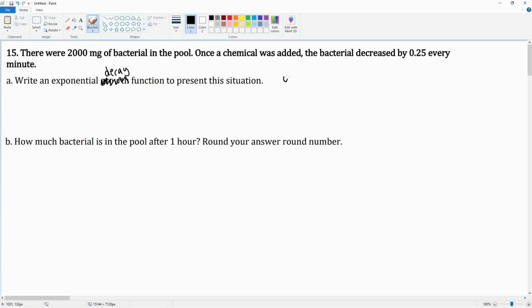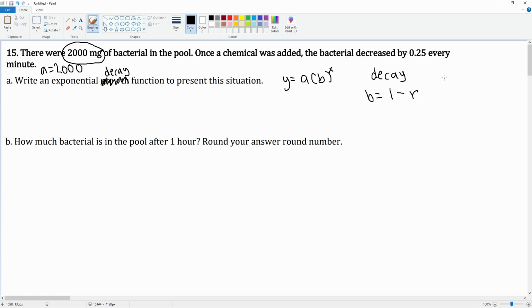We know that the function is y is equal to a parentheses b to the x power. Here it says there are 200 milligrams of bacteria, 2,000. So that's your a value, 2,000 milligrams. Then we add it, and it's a decrease. So it's going to be a decay. So it's 1 minus. Okay, so the b is 1 minus r.